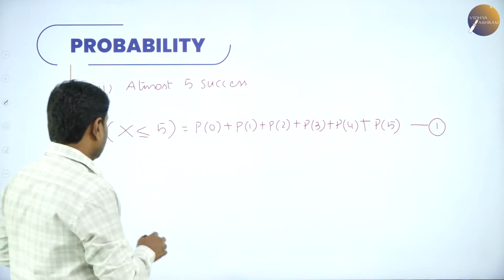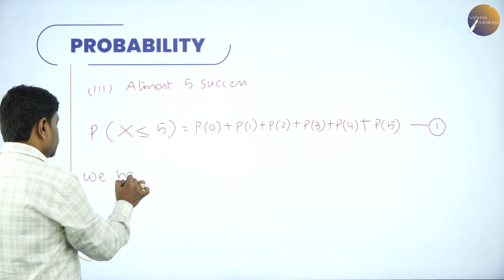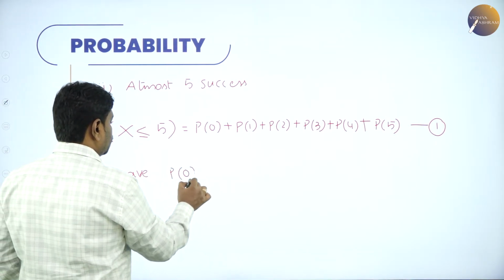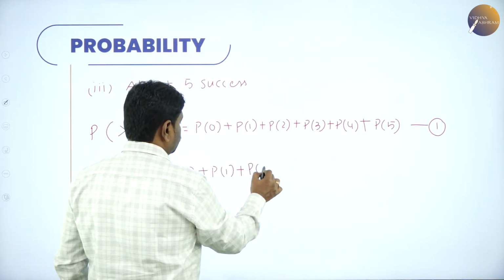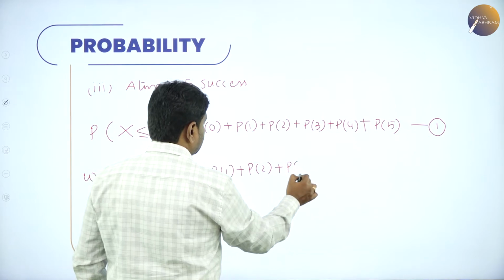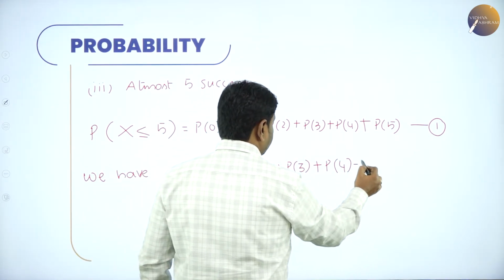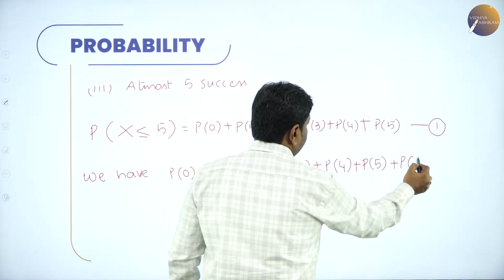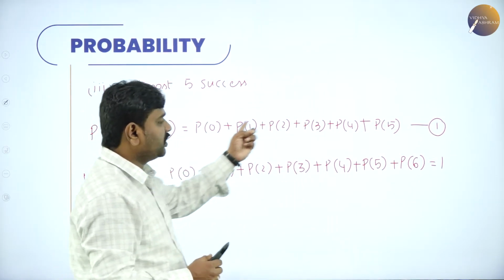But we know that for Bernoulli trials, the sum of the probabilities is always 1. P0 plus P1 plus P2 plus P3 plus P4 plus P5 plus P6. Sum of all the probabilities is 1. And we need P0 to P5.